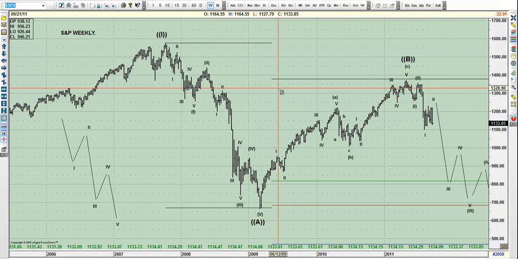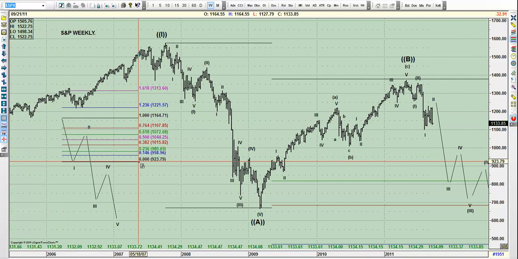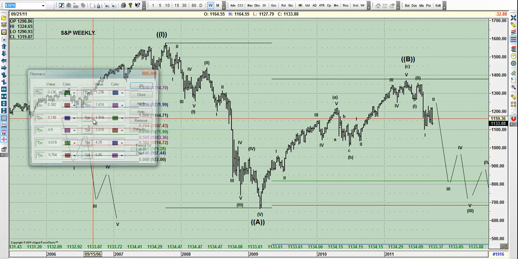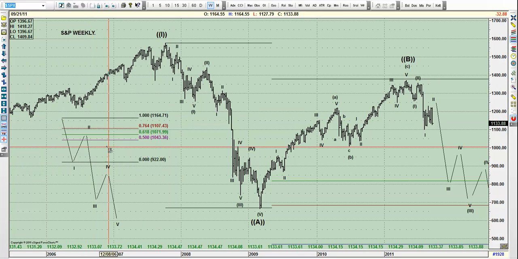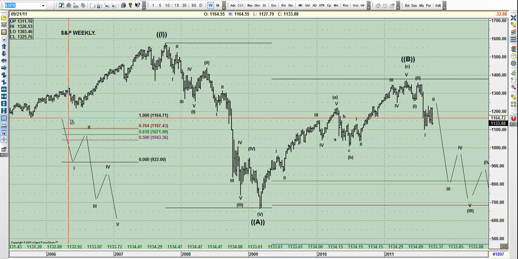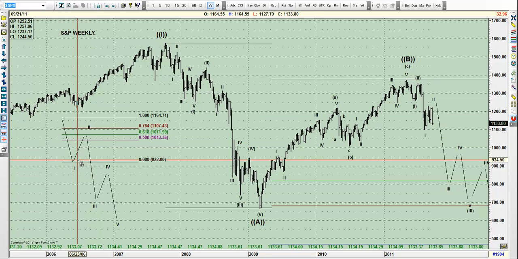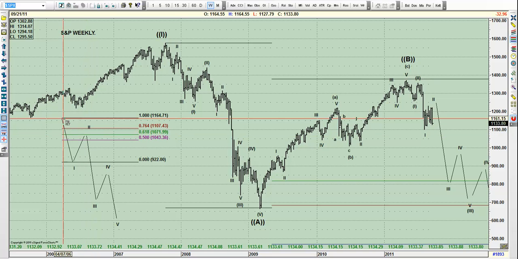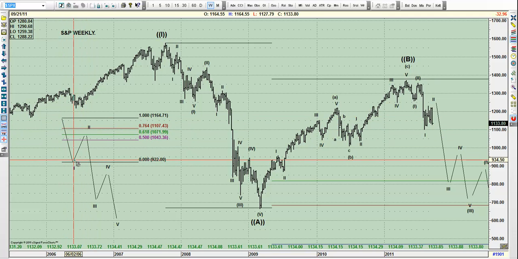Now, in a regular market, for wave 2, you take wave 1 and you do a retracement measure with the Fibo levels. And then wave 2, most of the times, is going to be either 50% of wave 1, 61.8% of the distance of wave 1, or 76.4% of the distance of wave 1.